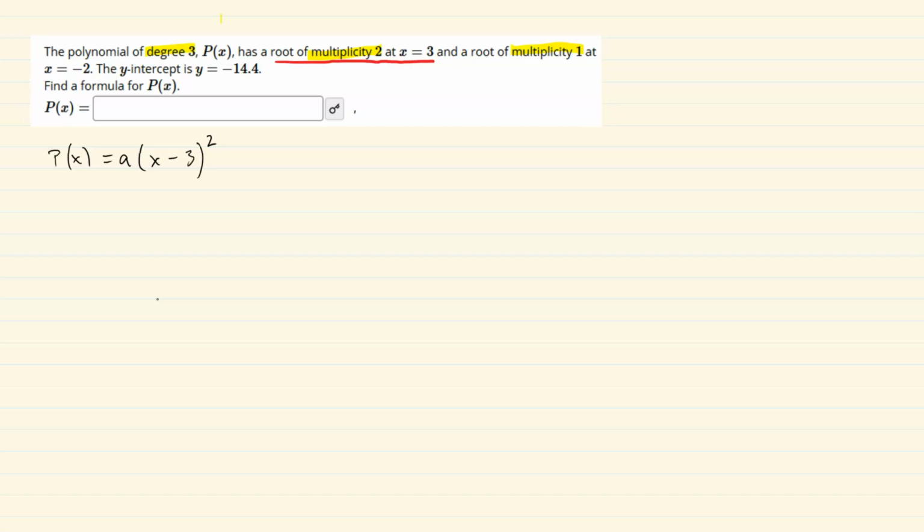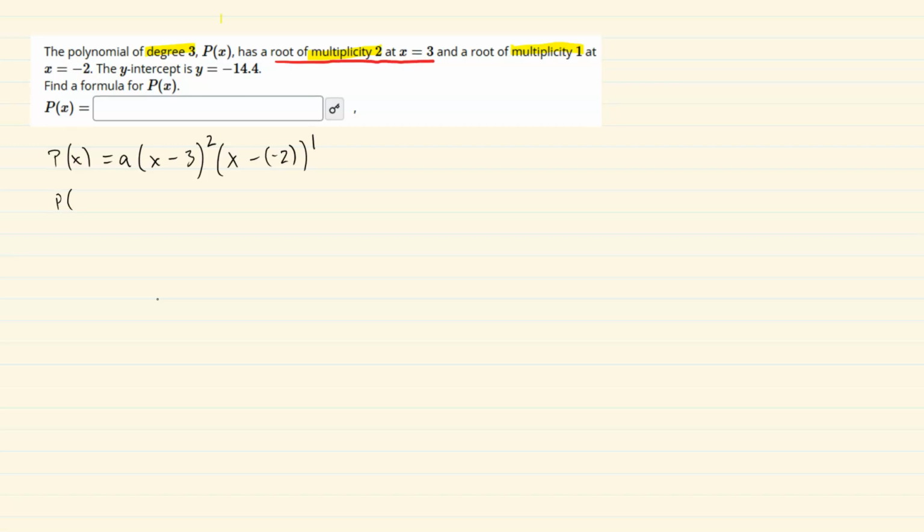Okay. Now we have to multiply that by the next root and also the multiplicity involved with that. So we have x minus, what is the root? The root is x equals negative 2. So this is actually minus a negative 2. Okay? And then we have the exponent around the entire parentheses of the multiplicity. The multiplicity in this case is 1. Okay, so we can simplify this a little bit more.